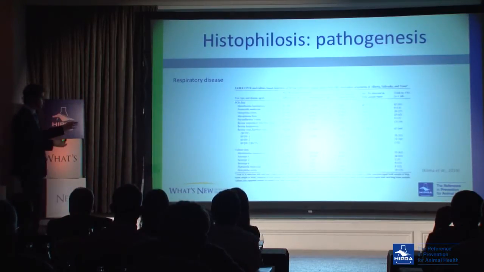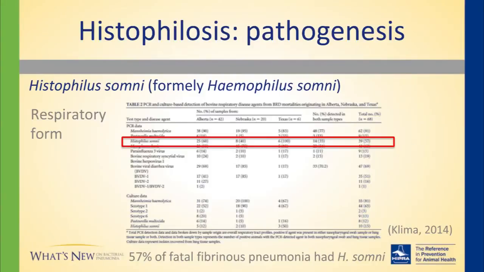In a recent study, sorry, the table is a little bit small. In a recent study that looked at the pathogens by PCR and culture, so PCR is on the top and culture on the bottom, of 68 lungs of cattle dead of fibrinous pleural pneumonia in either Alberta, Nebraska, or Texas.